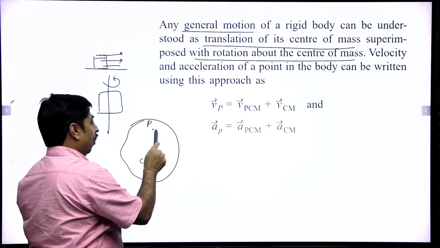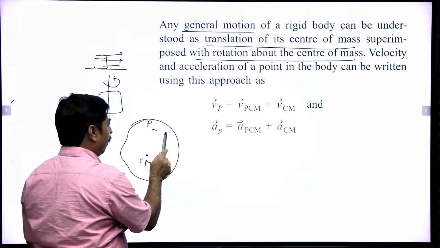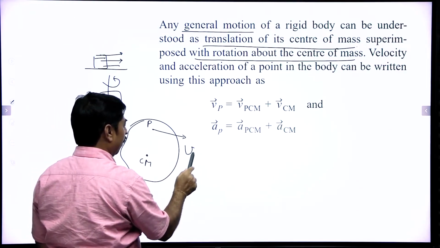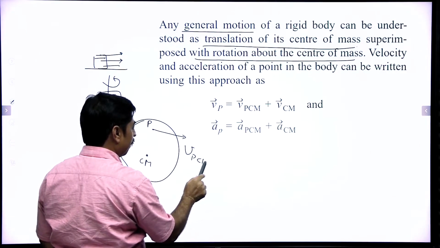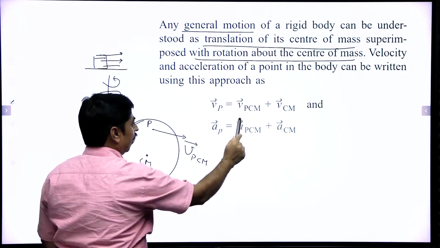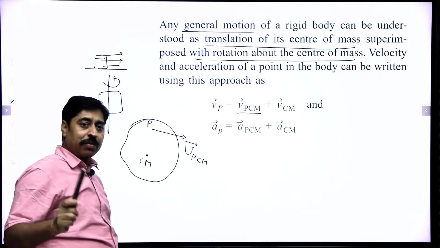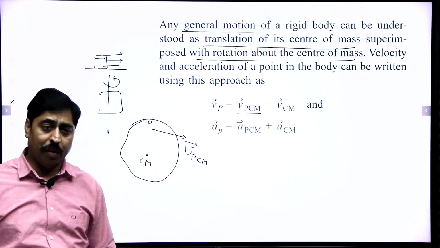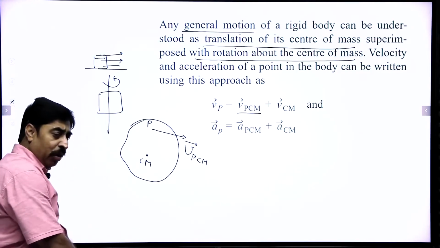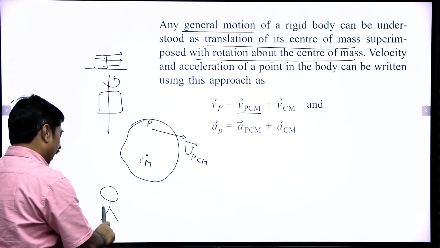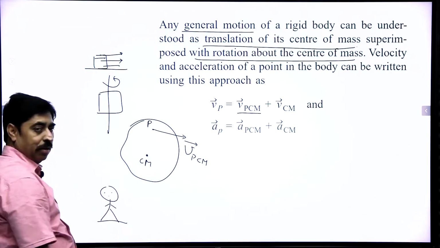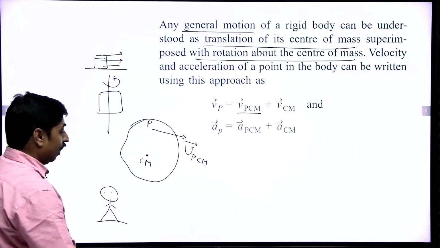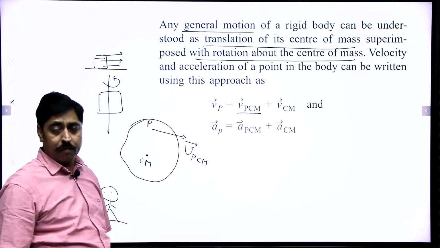So, suppose in the reference frame of the center of mass, the velocity of point P is Vpcm. This is what I have written, Vpcm. It is the velocity of point P with respect to the center of mass. Now, in the ground reference frame, if somebody is standing here on the ground, he might see that the center of mass itself is moving.